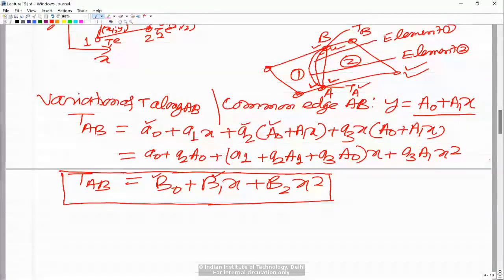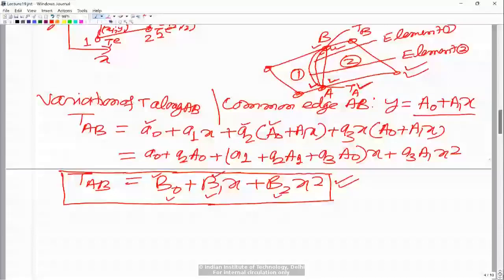When we look at this quadratic variation of temperature along AB, there are three constants B0, B1 and B2. Now these three constants cannot be expressed in terms of the two temperature values Ta and Tb, because there are two values and three constants.